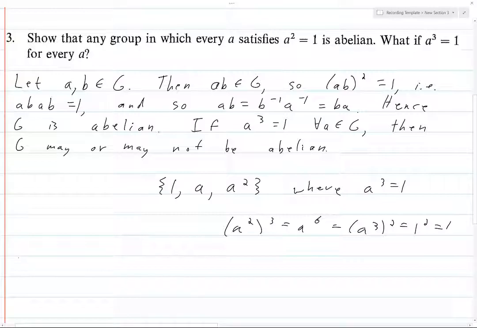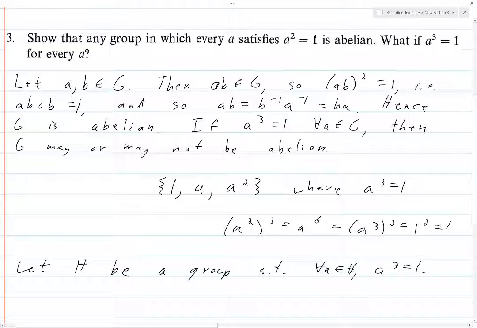So, okay. Let H be a group such that for all A in H, A cubed equals 1. Now we know that H need not be non-abelian. It could be that H is abelian.